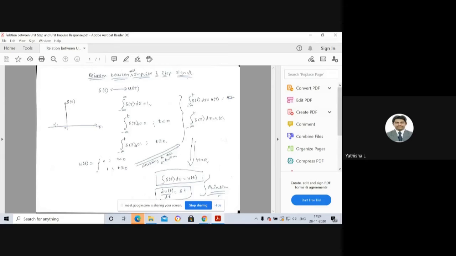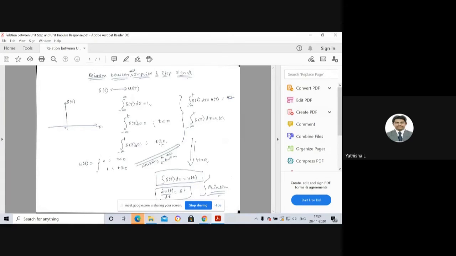If it is from minus infinity to plus infinity, the answer is 1. If I take minus infinity to t, where t is less than 0, the answer is 0. So for t less than 0, if I integrate delta of tau d tau from minus infinity to t, the answer is 0. Now I will assume t is greater than or equal to 0.